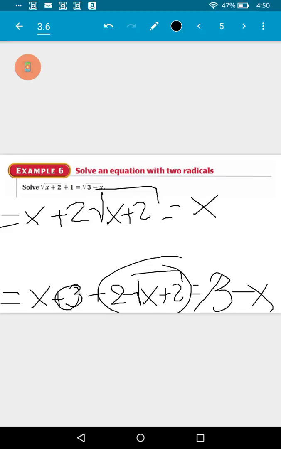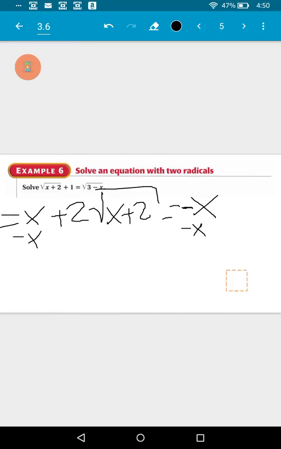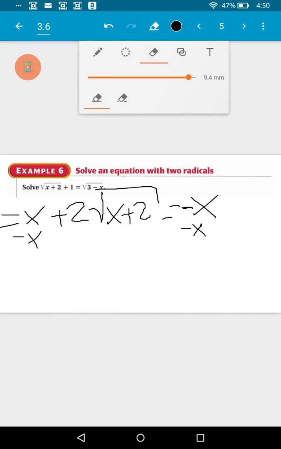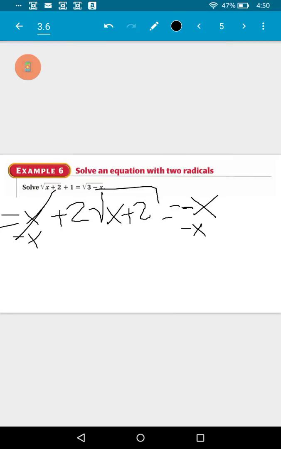Don't forget that's a minus x. Those are not going to cancel out, so please do not get rid of those, okay? So here, these cancel out. I'm left with 2 radical x plus 2 equals negative 2x, okay?